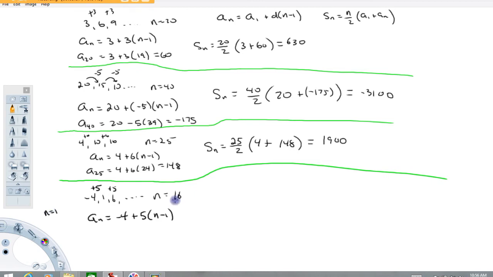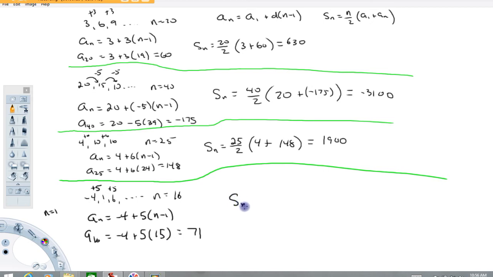Again, this is true if you start at n equals 1 instead of n equals 0. All right, we're going to need the 16th term. So that's going to be -4 plus 5 times 16 minus 1. Oops, a little hard to read that. 16 minus 1 is 15. So that's what, 75 minus 4, 71. Just double check that. Yeah, I think it's good.